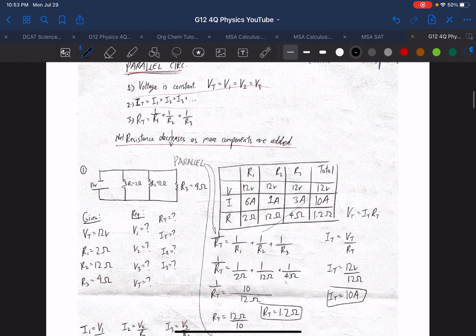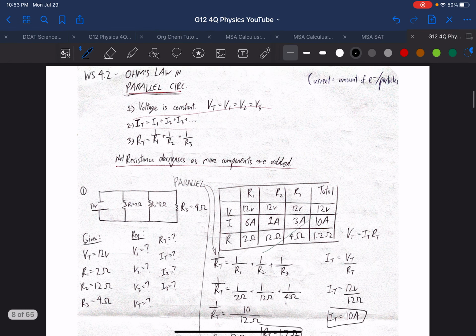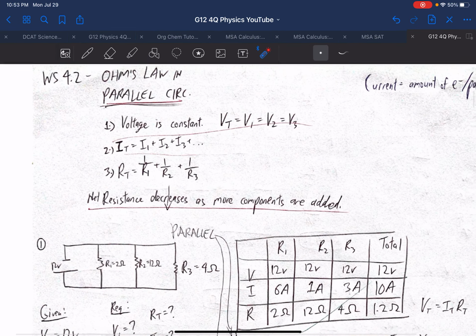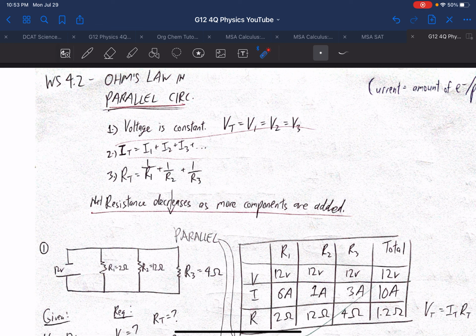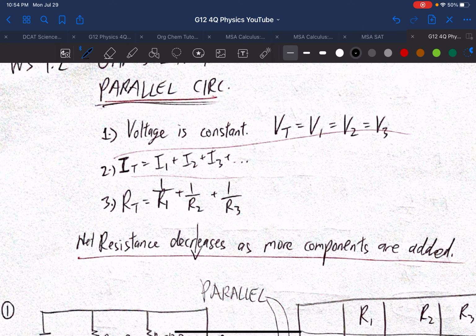Okay, so to reiterate again, in a parallel circuit, the voltage is constant, not the current. And for current and resistance, respectively, in order to find their values, actually, what I have here in number 3 is actually wrong.